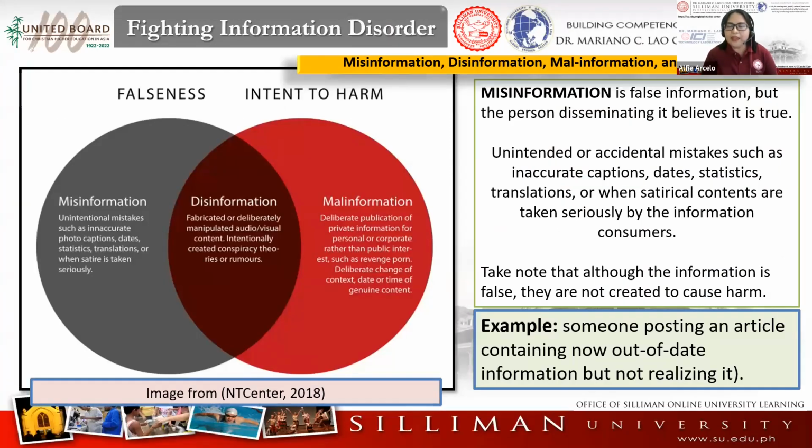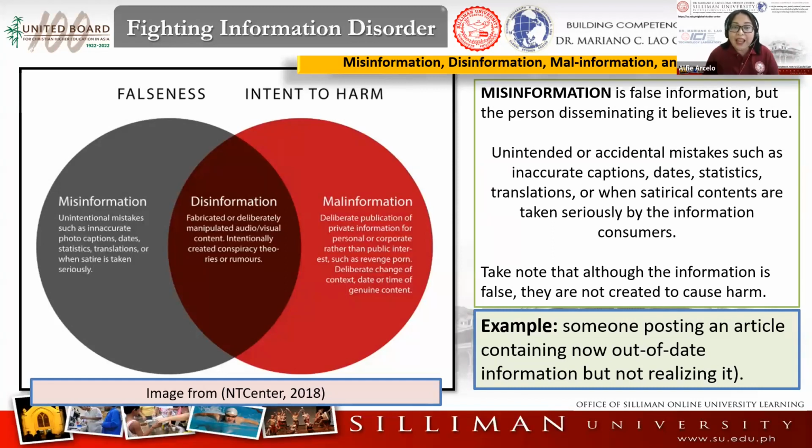So we are already on the first one, which is misinformation. This is the type of information that we are so used to. We are so used to saying that everything that's fake news is misinformation.